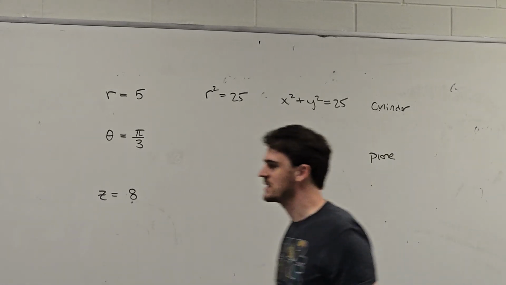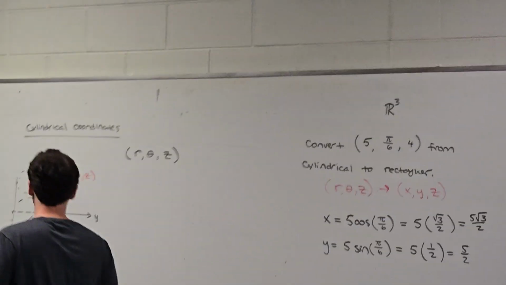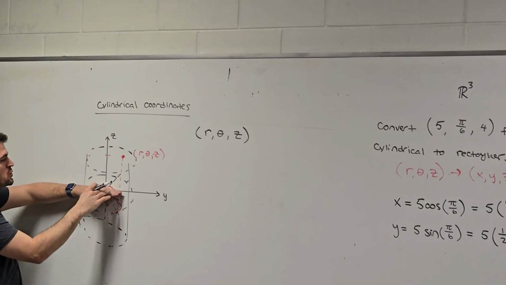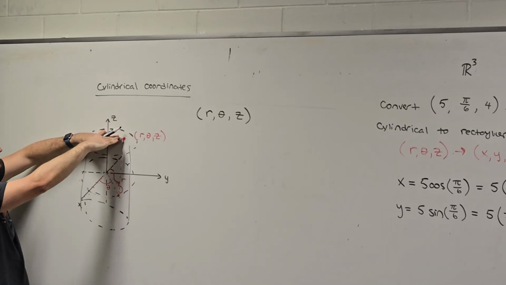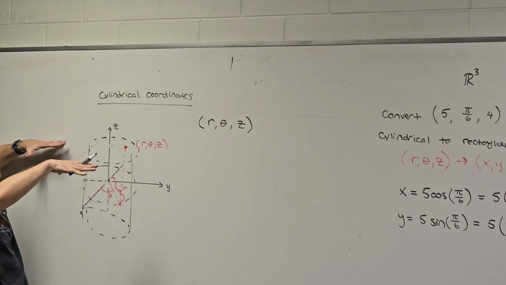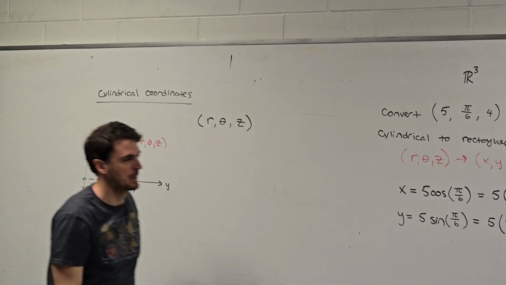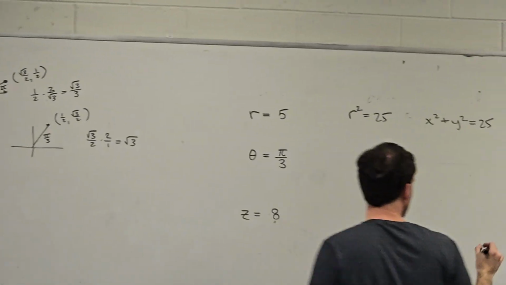And now z equals something. This should feel familiar because z is still z. This is saying no matter where you go, you have a z coordinate of something. Also a plane. Because z stays the same idea, this is still a plane.